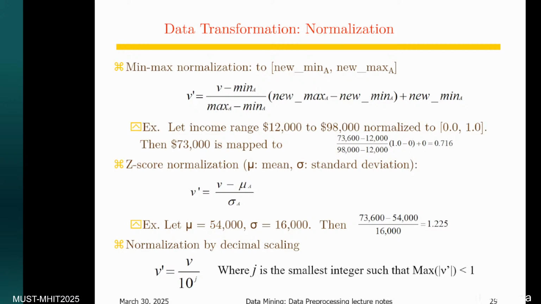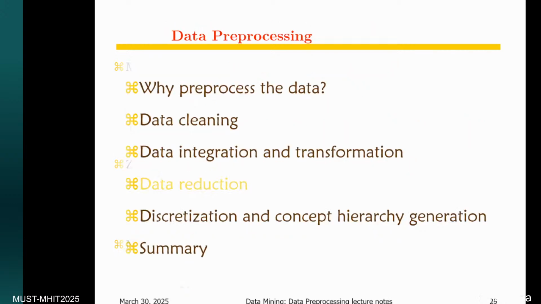So if you had 1, 5, up to 30, up to 1,000, then downscaling it to the decimal format will improve that particular attribute's values to reflect the purpose of the entire data set.